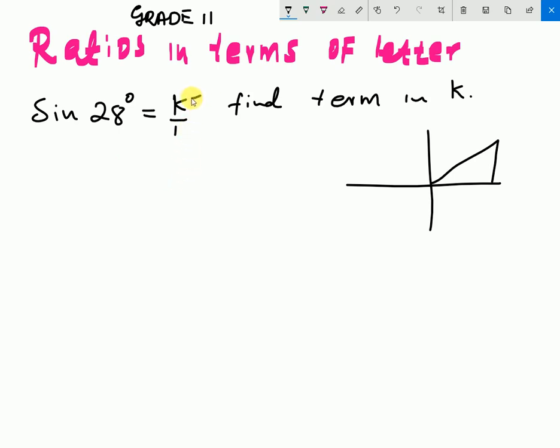Meaning that this is opposite, and this is hypotenuse. All right. If this is 28 degrees, where do you put the opposite? You put it here. Okay. And what about here? 1.